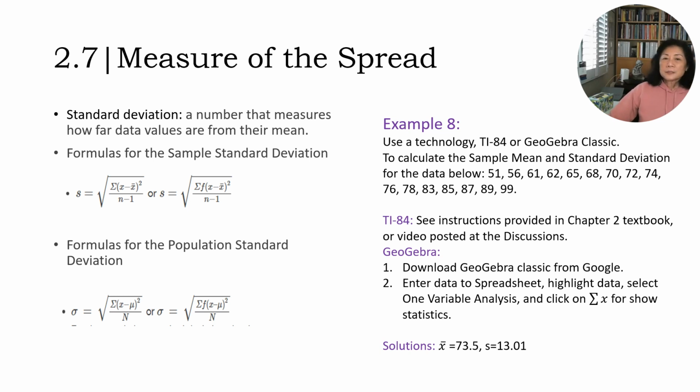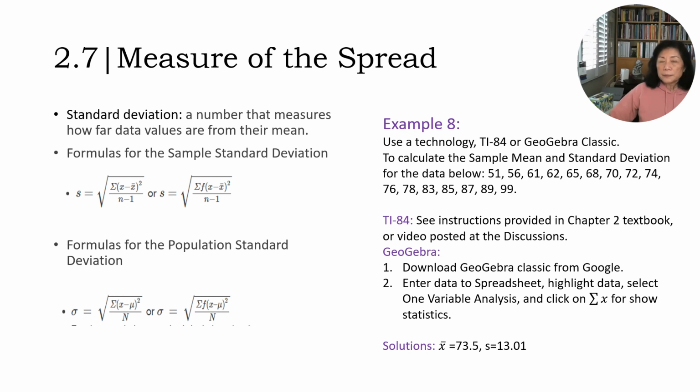Okay, so you can use a TI-83 or 84. If you can get the 84, it's better because the 84 has more functions than the 83. Or you can use GeoGebra Classic. Just download it from Google, and it's free.